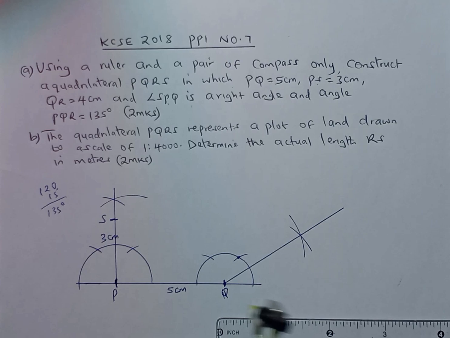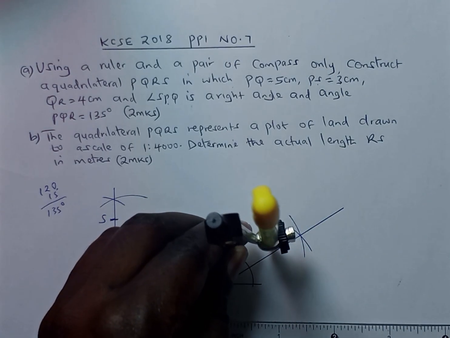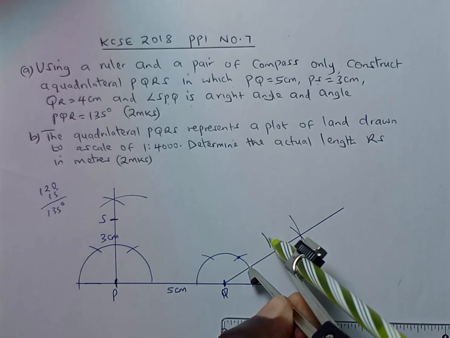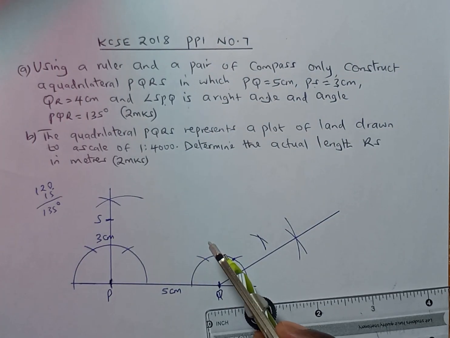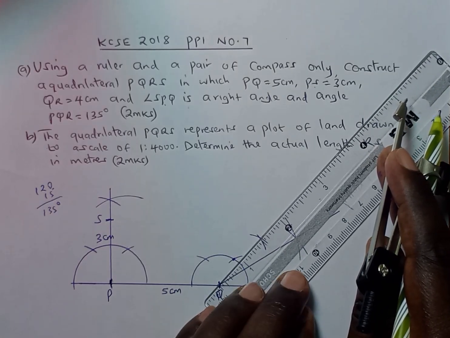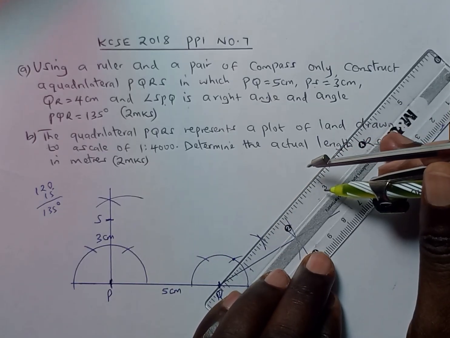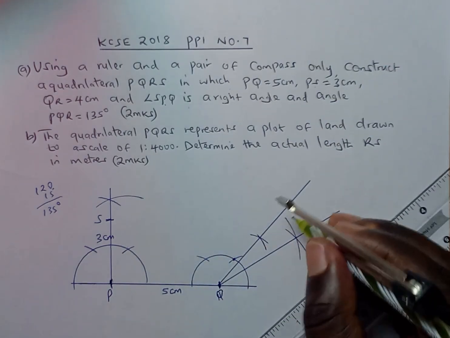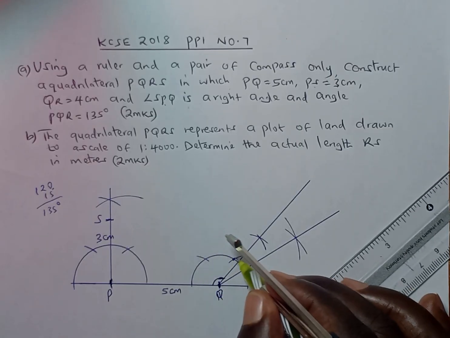Then we are going to use the same length to split 30 into 2. You stand at this point again, you make an arc. So once we have done that, remember this is 120 plus 30, which is 150. So I'm going to split this into 2. This is where now we are going to have a total of 135 degrees, because this is 120 plus 15.